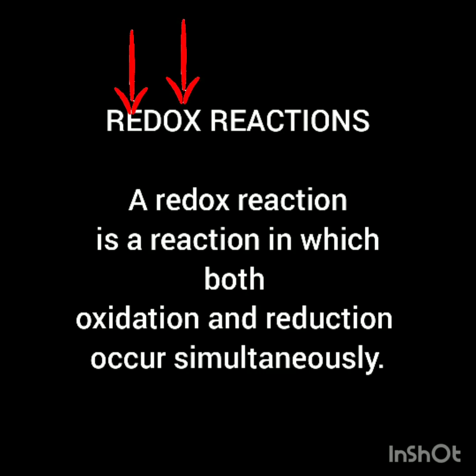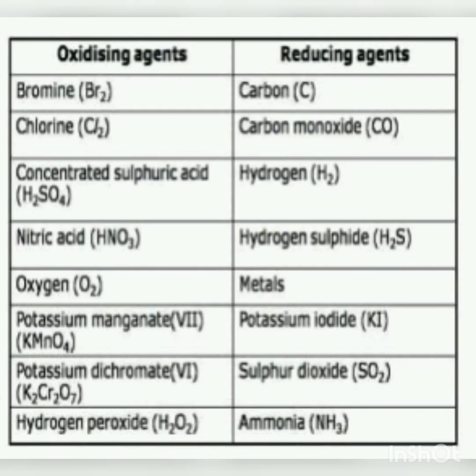Now we come to redox reaction from reduction and oxidation. So redox comes from two words, reduction and oxidation. A redox reaction is a reaction in which oxidation and reduction occur simultaneously. That means they occur together. A substance that helps in oxidation or brings about oxidation is called an oxidizing agent, and a substance that brings about reduction is called a reducing agent.